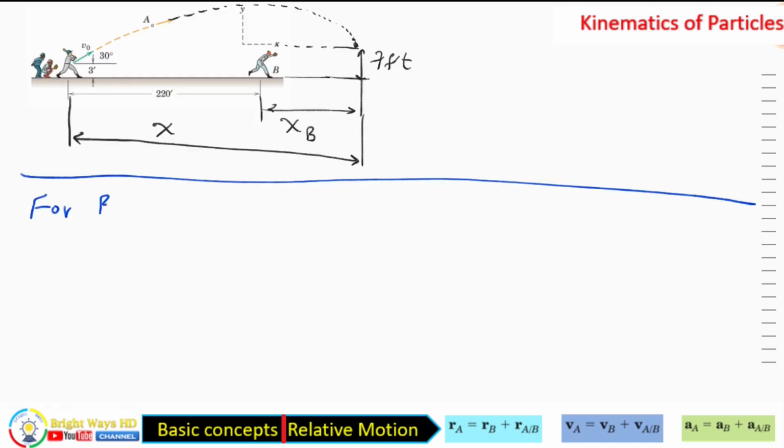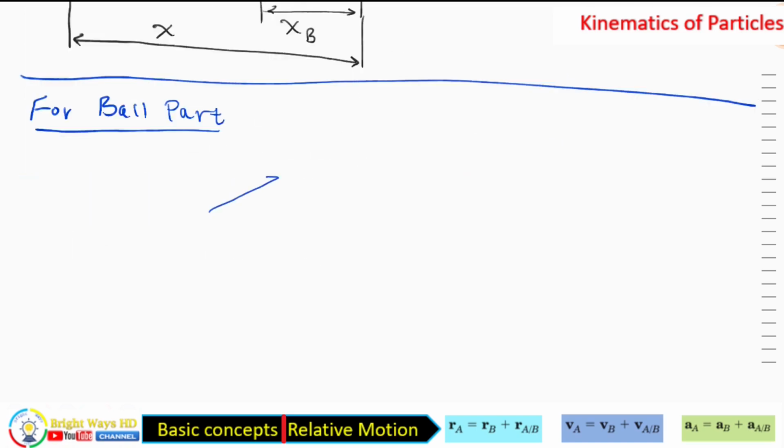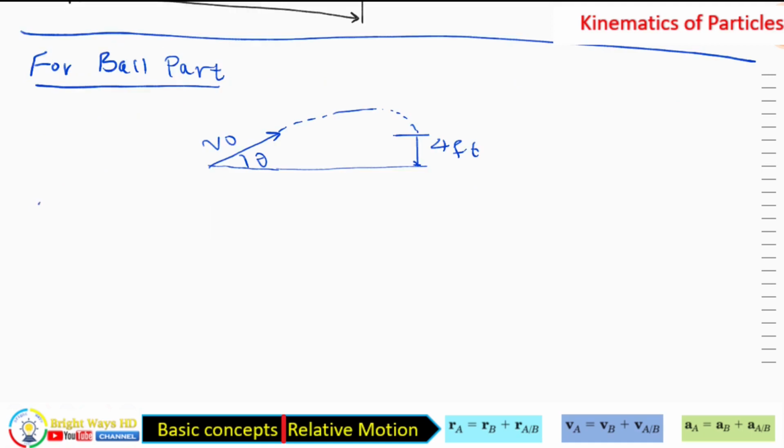Now for the ball part, we know that the initial velocity is v0 at an angle theta, and once the ball flies, it will have an elevation of 7 minus 3, which is 4 feet. Then v0 in the x direction is v0 cos theta, which equals 100 cos 30 degrees, which is 86.6 feet per second.